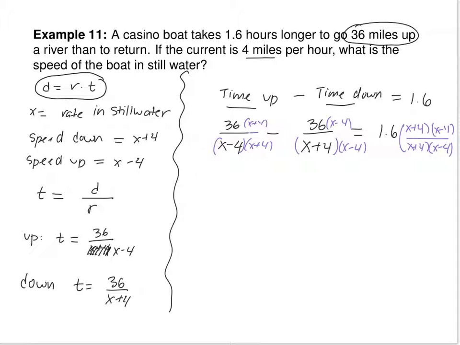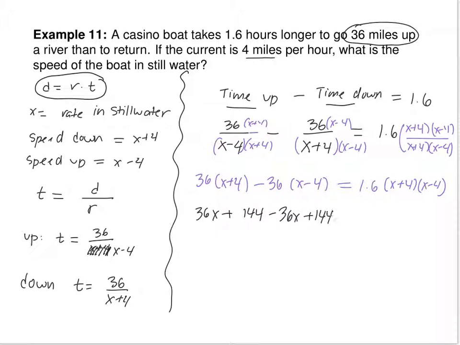I think I technically still have a minute. So that gives you 36 times x plus 4 minus 36 times x minus 4 equals 1.6 times x plus 4 times x minus 4. So everyone okay with that part of it? Okay. So 36x plus 144 minus 36x plus 144.